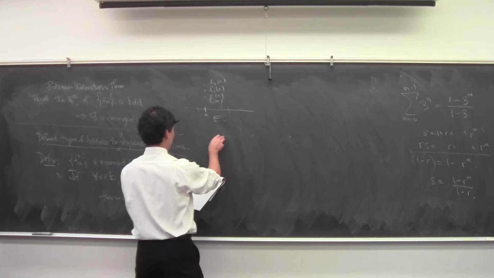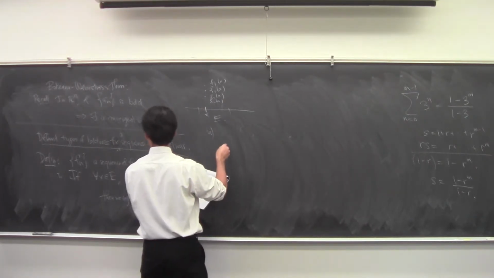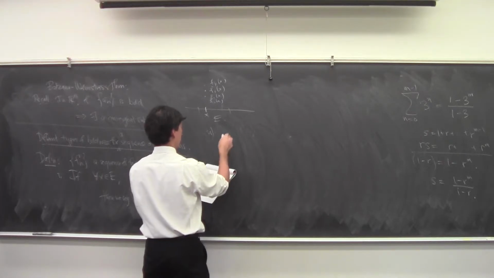Now, the second type of boundedness is stronger. So, wait.